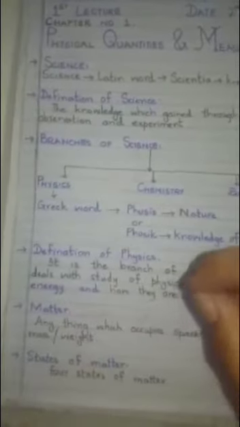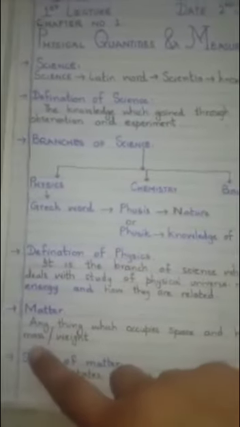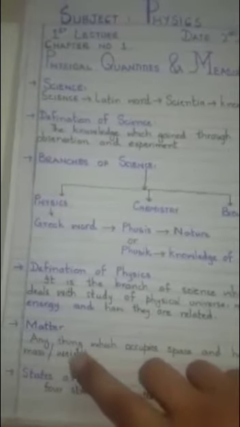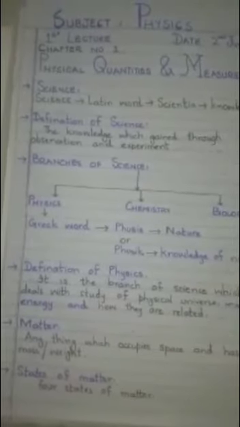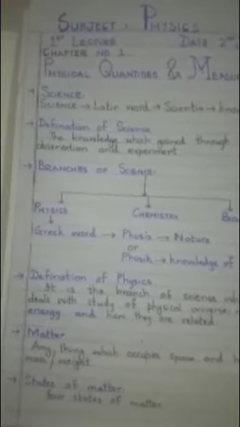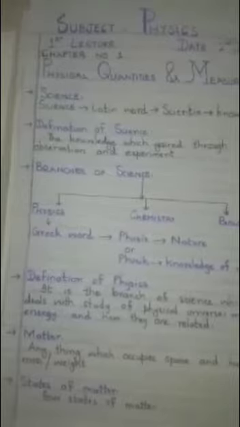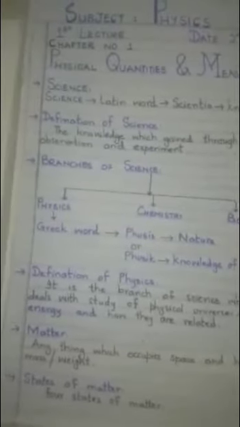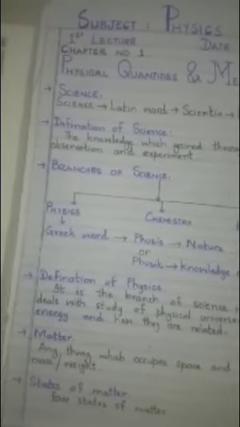The amount or quantity of matter in an object is known as mass. Weight is something else. Weight is actually a force with which the earth attracts every object toward itself. For example, when we purchase sugar, sometimes we say, give me 2 kg sugar.